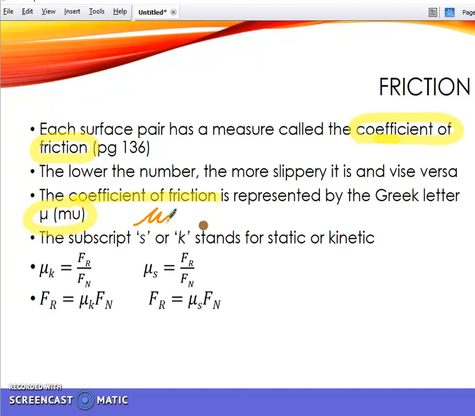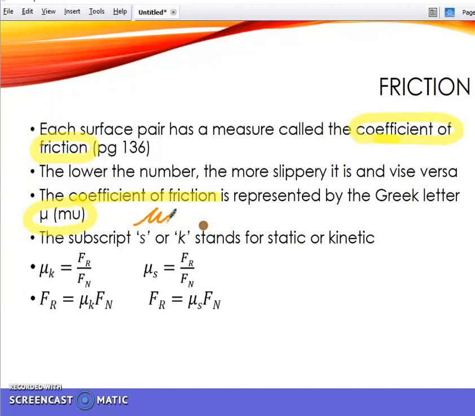The higher the mu, the stickier the surfaces are. For lack of better terms, they stick together. So kind of like your face on a carpet. If you fall down and you fall on your face and you rub it against the carpet, that's a lot of friction. That's a high number of mu.